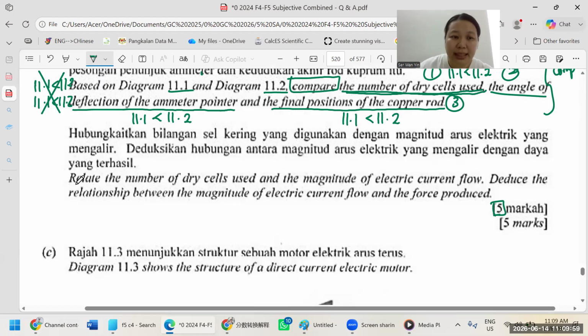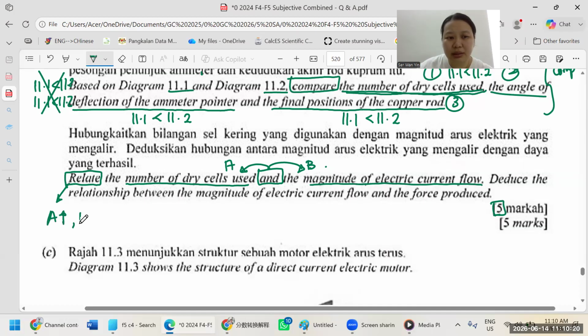Okay, like relate the number of dry cells used. When you see "relate", you must always look at N. Before N is A, after N is B. Relate, normally we can say A increases, B increases or decreases.